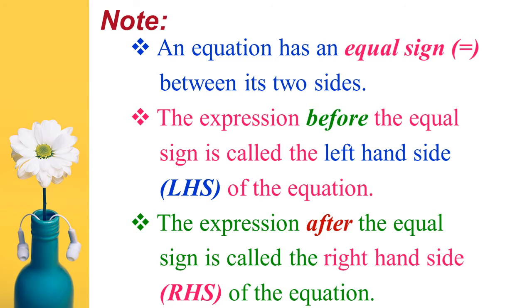Here the value of the left hand side of the equality sign is equal to the value of the right hand side. If LHS is not equal to RHS, we have to write LHS greater than RHS or LHS less than RHS.